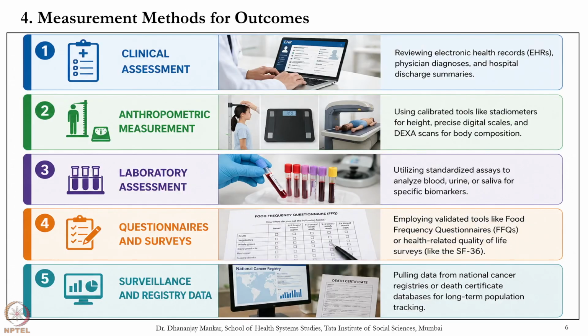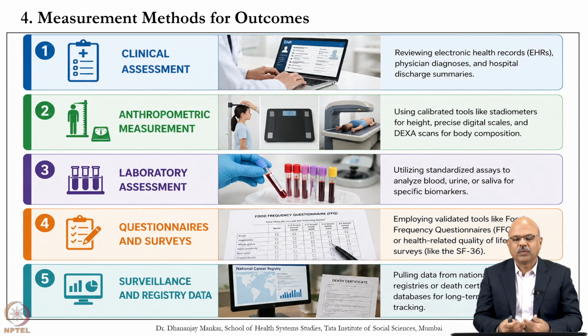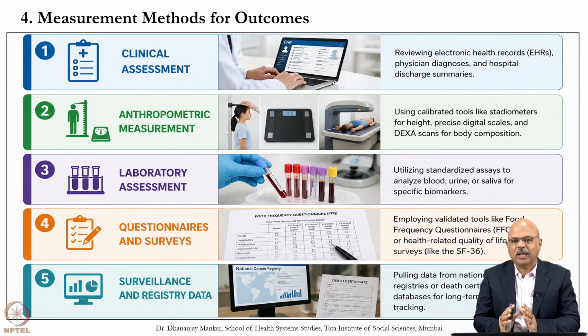You may see the measurement through clinical assessment, reviewing the electronic health record (EHR), physician's diagnoses and hospital discharge summaries, a very productive way of understanding the outcome. Anthropometric measurements in nutritional studies use calibrated stadiometers for height, precise digital scales for weight, and DEXA scans for body composition.